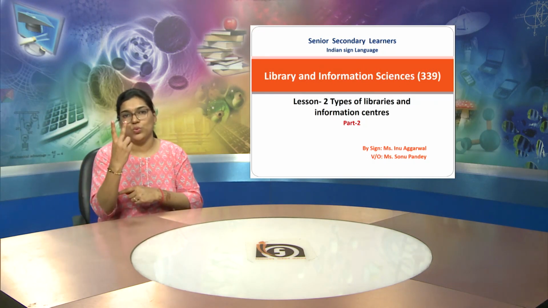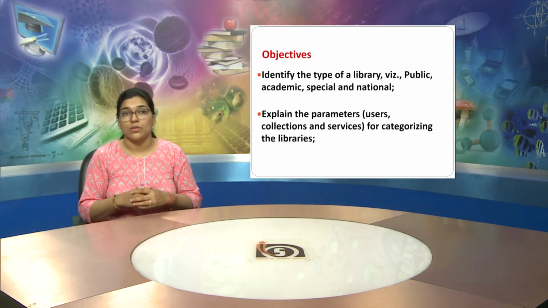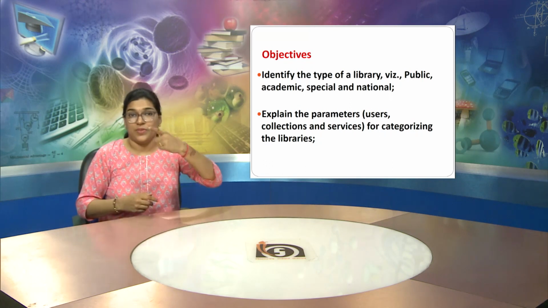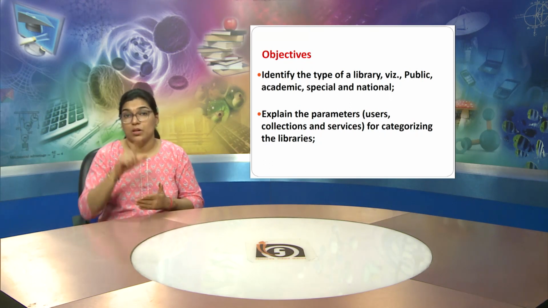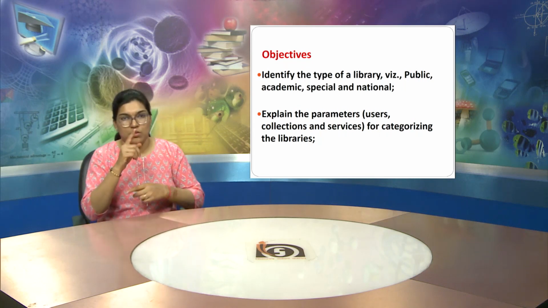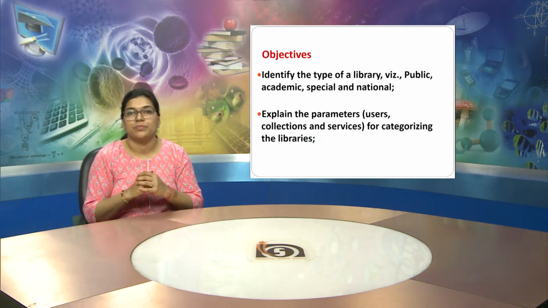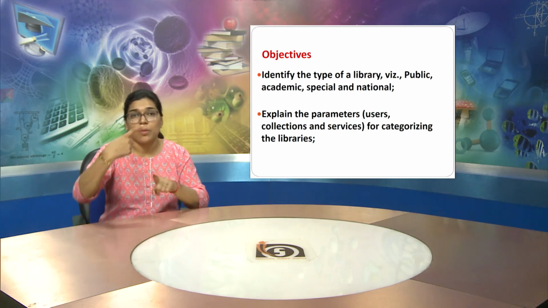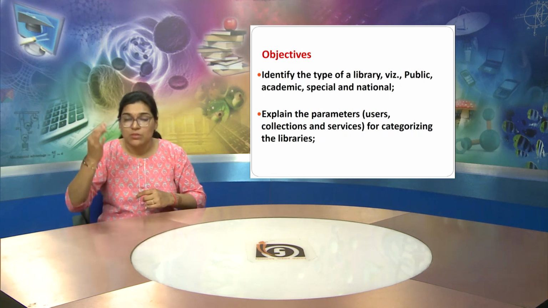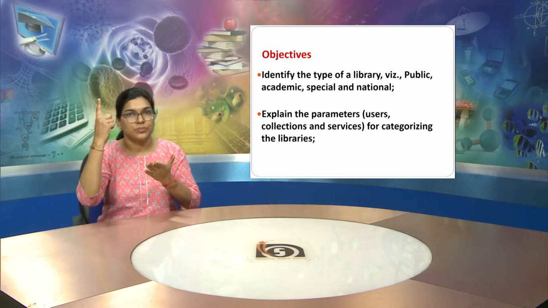This video is part 2. Let us now see the objectives of this video. The first objective is to identify the types of libraries like public library, academic library, special library and national library.